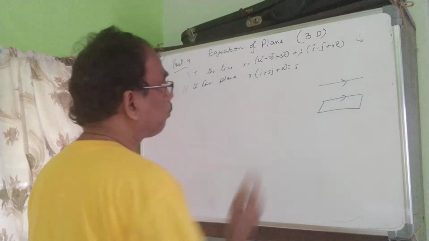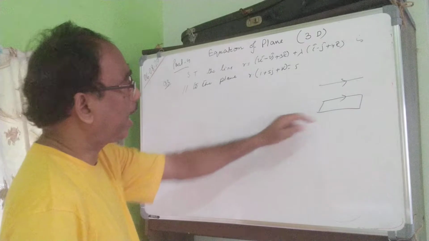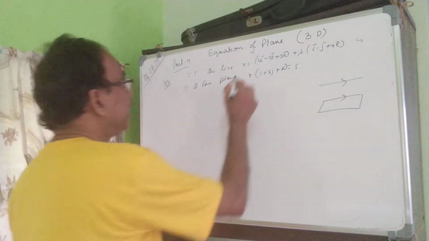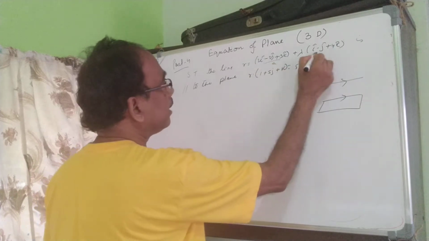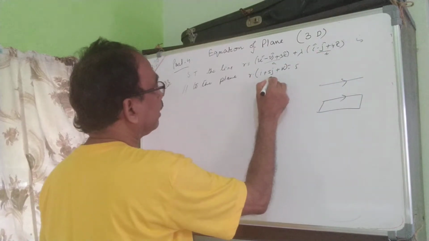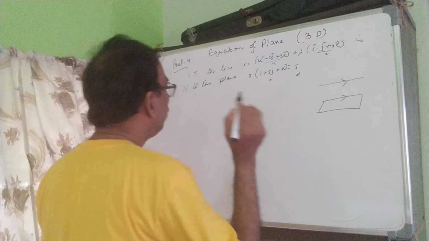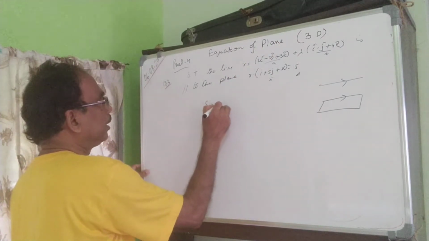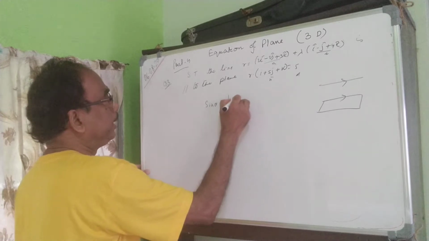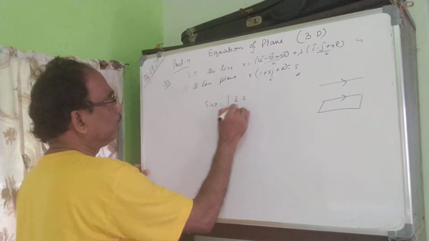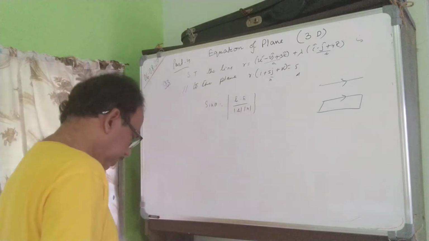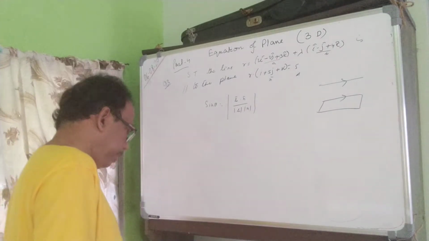Now if we can prove the angle between the straight line and the plane is 0, then we can say they are parallel. Here r equals a plus lambda b, and r dot n equals d. We know the angle between a straight line and a plane is given by sine theta equals b dot n over mod b mod n.